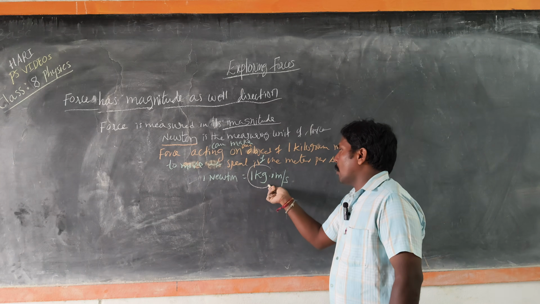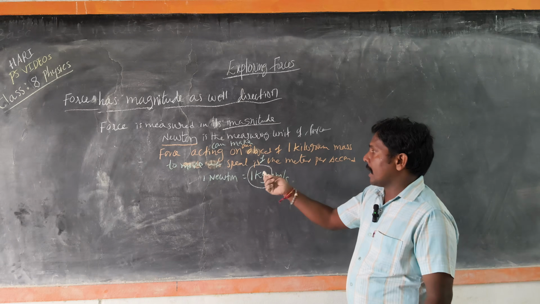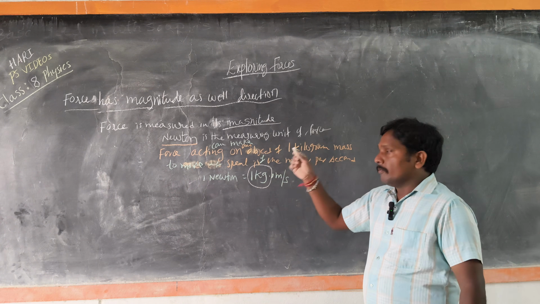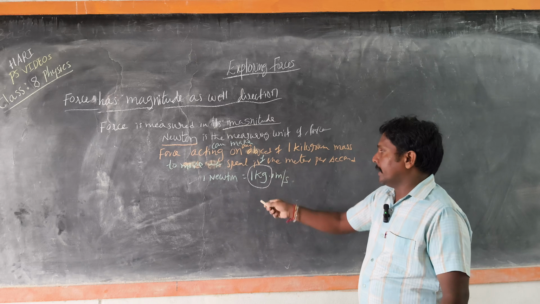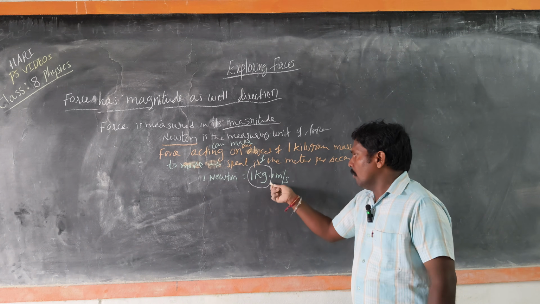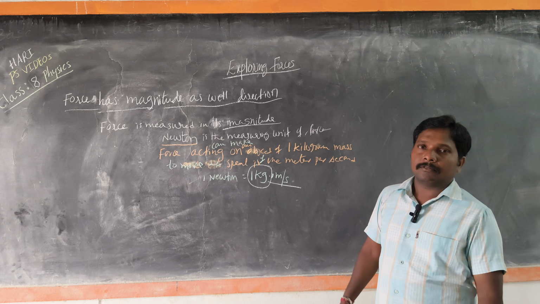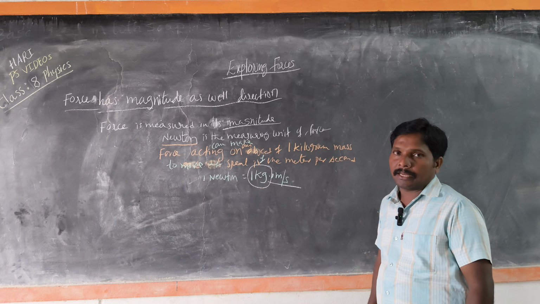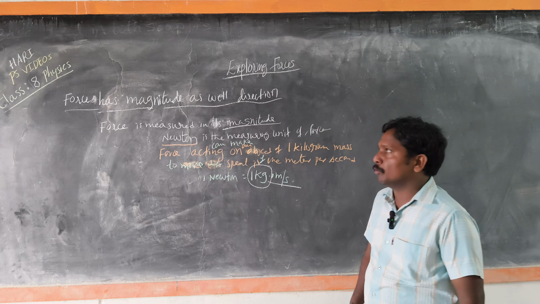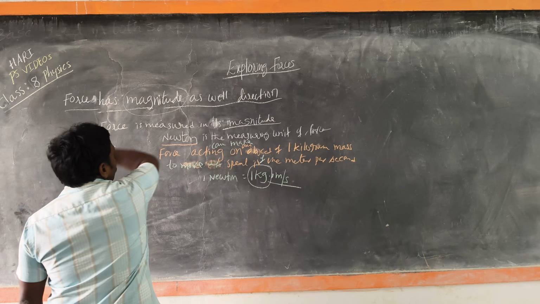If the mass of the body is 1 kg and force is applied on that 1 kg object, then that object moves with 1 meter per second speed. So that is called Newton.